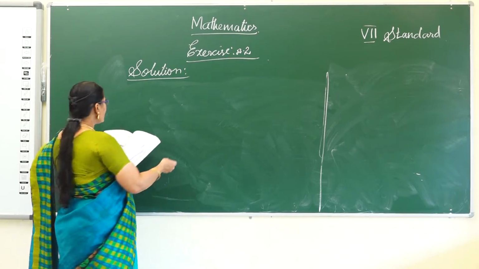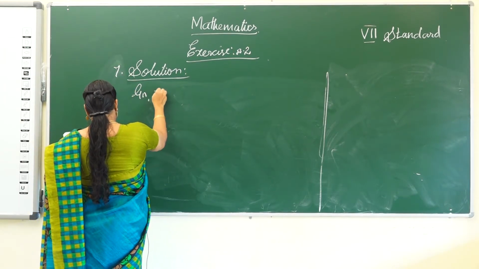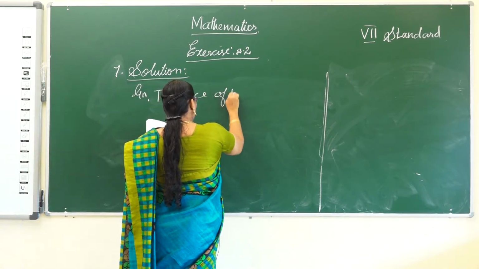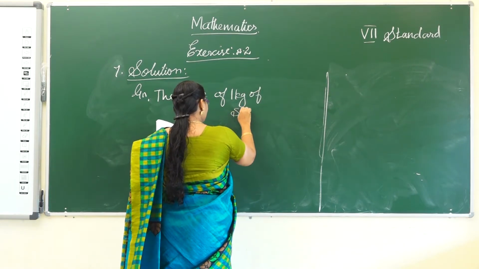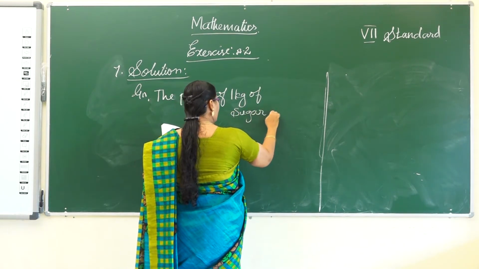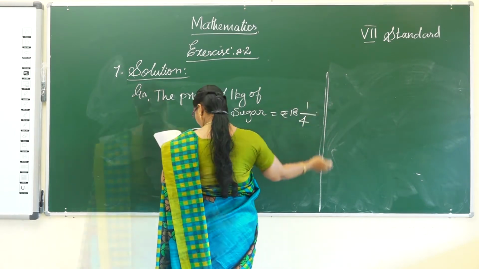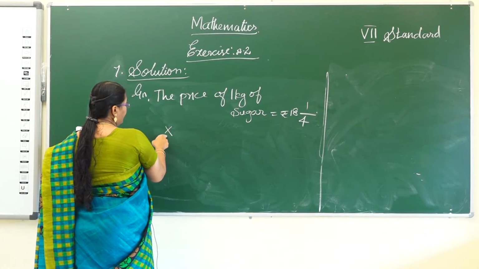See, given the price of 1 kg of sugar is equal to rupees 18 1 by 4. Then we have considered x kg, because we didn't know that value.